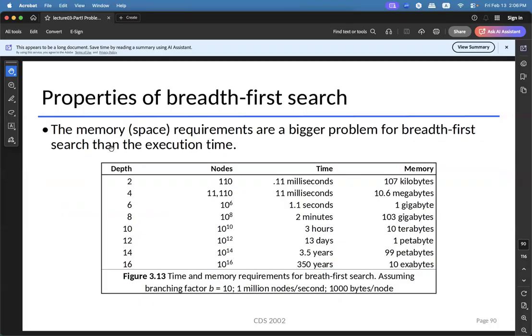As you can see in this diagram, we are showing the relationship of the depth of the search tree, the number of nodes in the search tree, and the time and memory taken. In this table, the first column is the depth of the search tree, the second column is the nodes in the search tree, and the third and fourth columns are the execution time and the memory taken, that is the RAM taken to execute the breadth first search. Also, here is a tip for you.